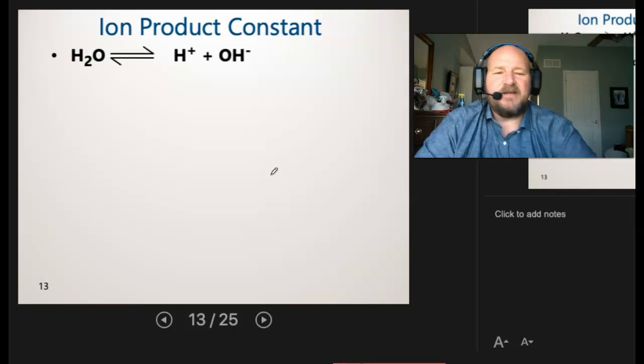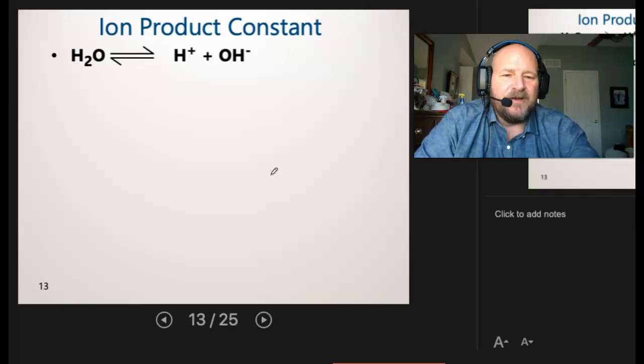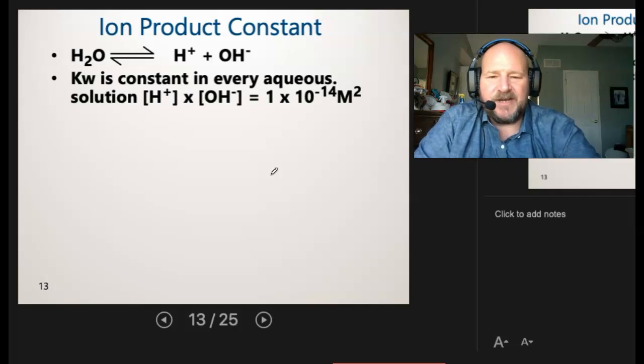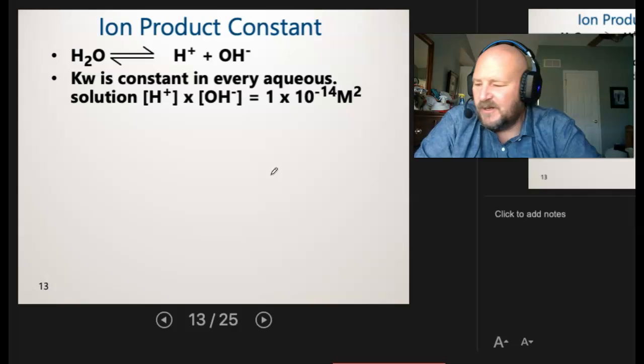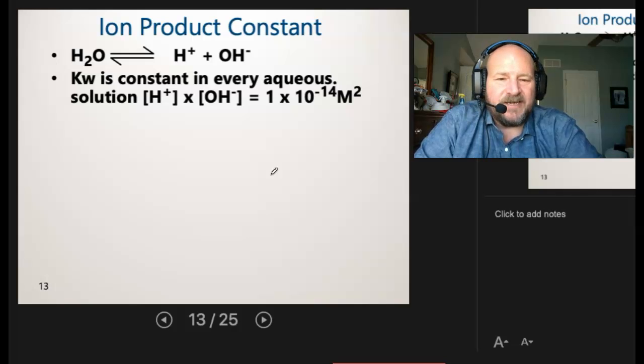All right, so there's my double-headed arrow, H2O going to H plus and OH minus. And I just told you that Kw is constant in every aqueous solution and has a value of 1 times 10 to the negative 14. Now, the last thing I have to tell you about this is to notice the dependency of H plus and OH minus. They have to equal a constant.